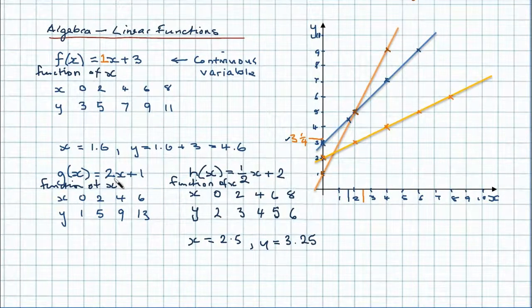When we've got a coefficient of 2, the interesting thing is this makes it twice as steep, as it were. So if we look at our orange line, we go along 1 here and now up 2 times 1, in other words up 2. Or if we went along 2, we would go up double, 4.